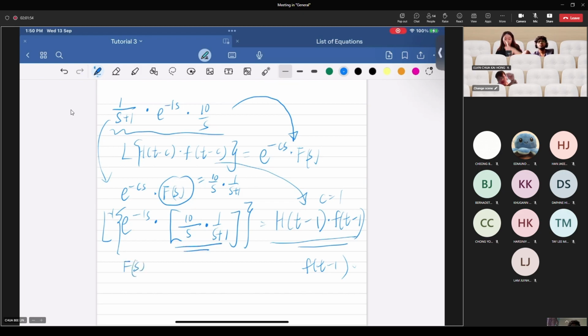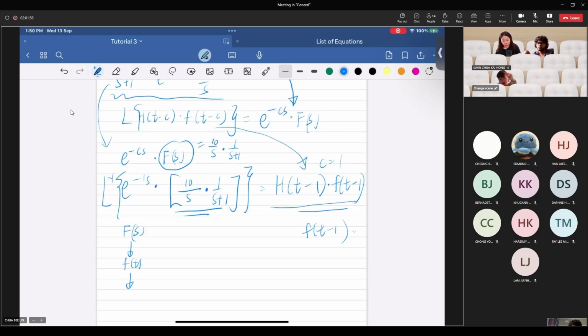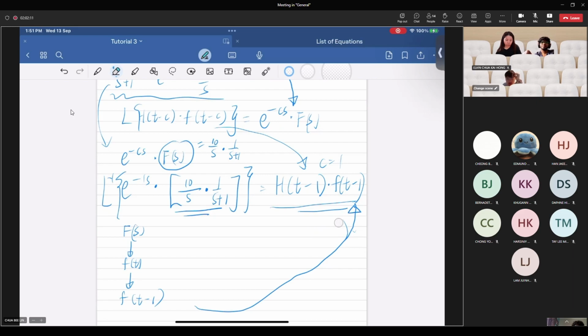The road map is to get f(t), then to get f(t minus 1), so that you can sub into this part. So we solve. F(s) by comparison is 10 over s dot 1 over s plus 1. You change to f(t), you will get exactly the same answer just now.